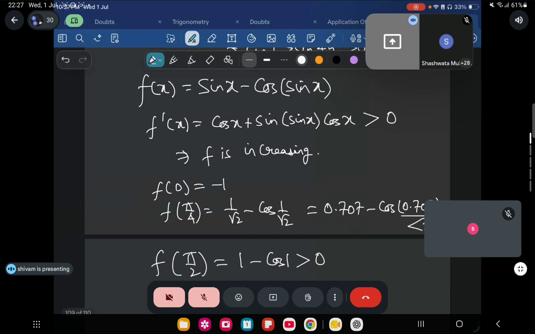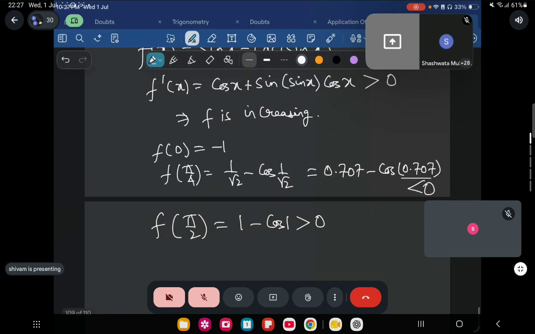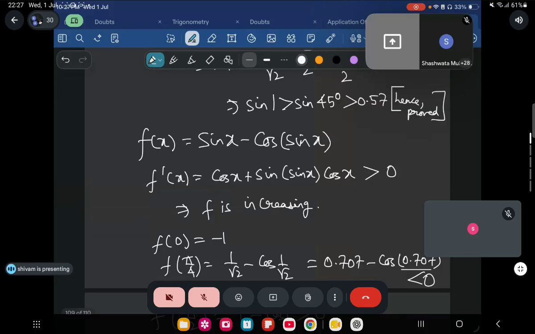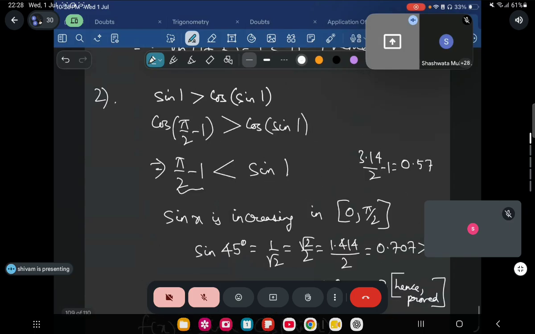F dash x is greater than 0, it's an increasing function. After pi by 4, we cannot take any value. 45 degree, then if I take 60 degree, we have to think about 1 radian.